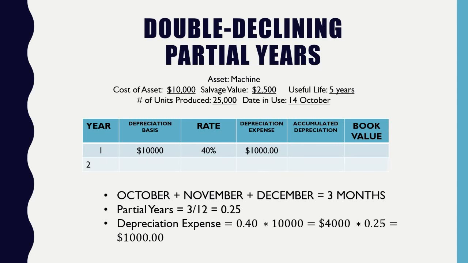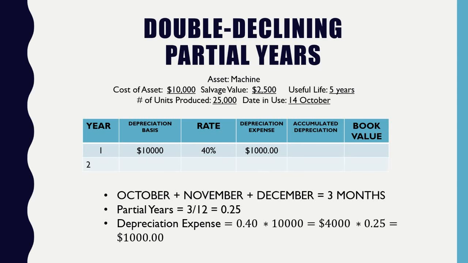Okay, so this is another thing that you need to memorize as well. The $4,000 is my total annual amount that I'm going to be depreciating for one entire year. Again, is my asset a year old yet?